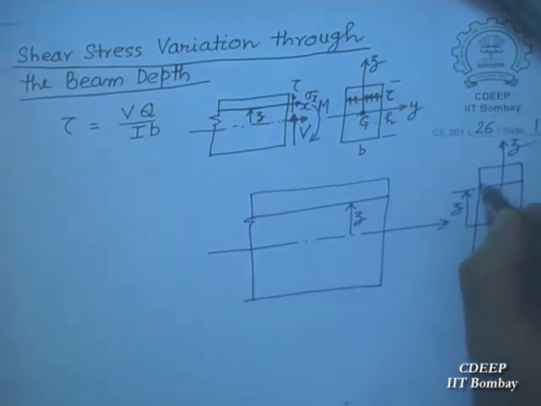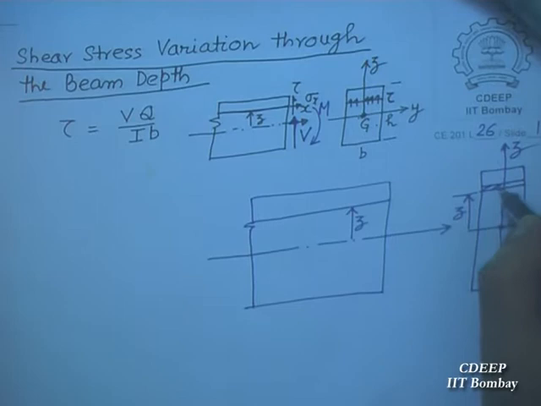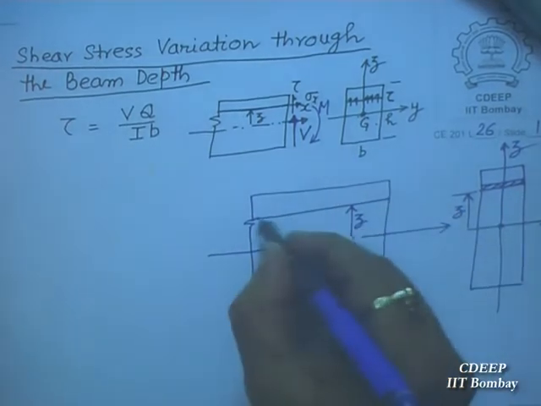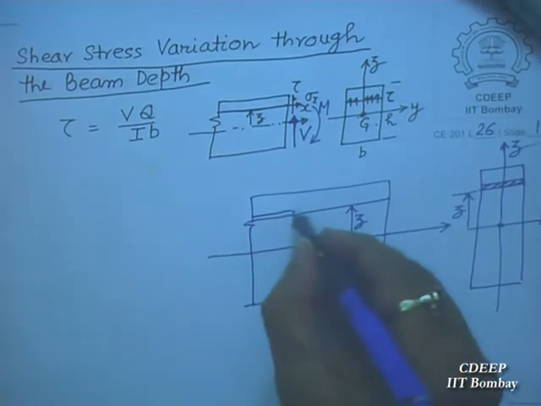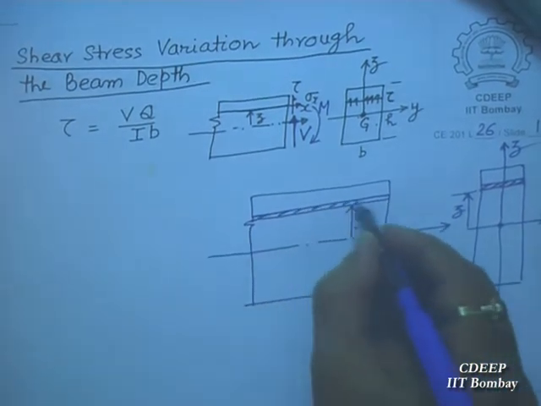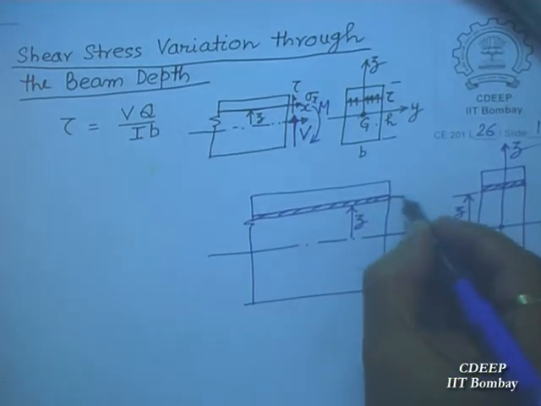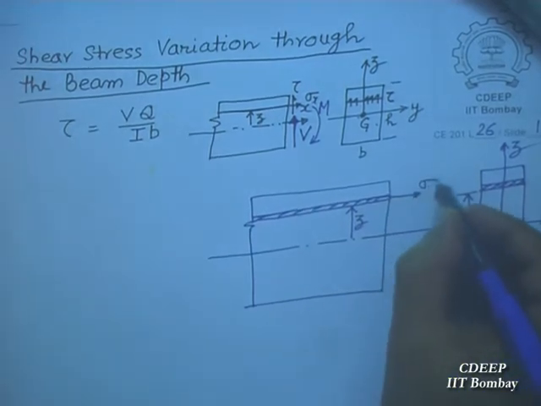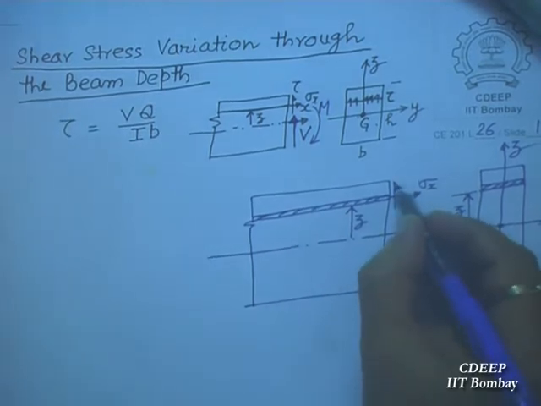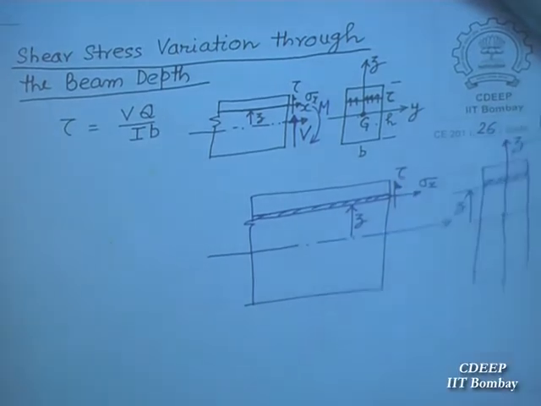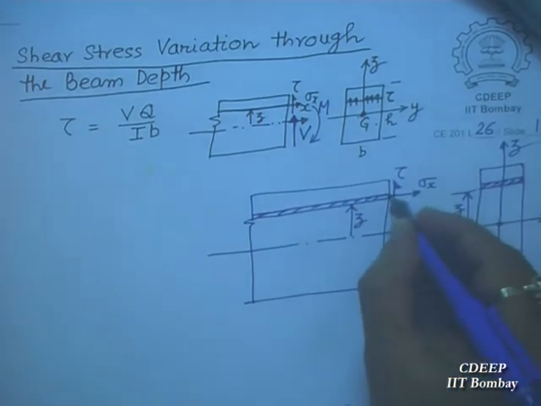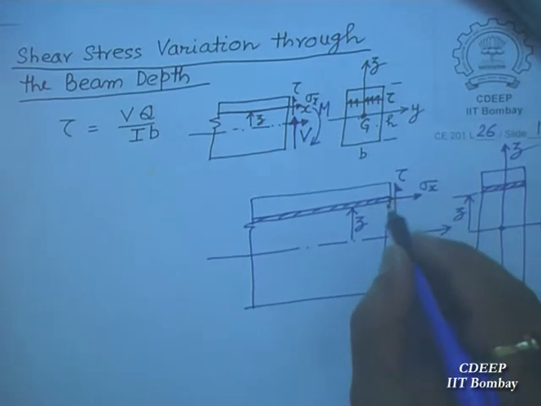And we are talking of this small area on which this is the longitudinal. So you have a sigma x acting, and you also have a shear stress component tau xz at the same point. So both are now acting.